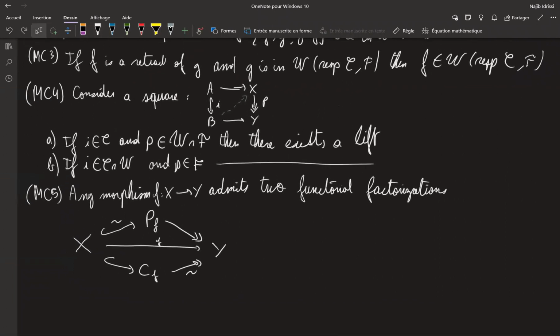So what do I mean by functorial factorizations? Well, I mean several things.